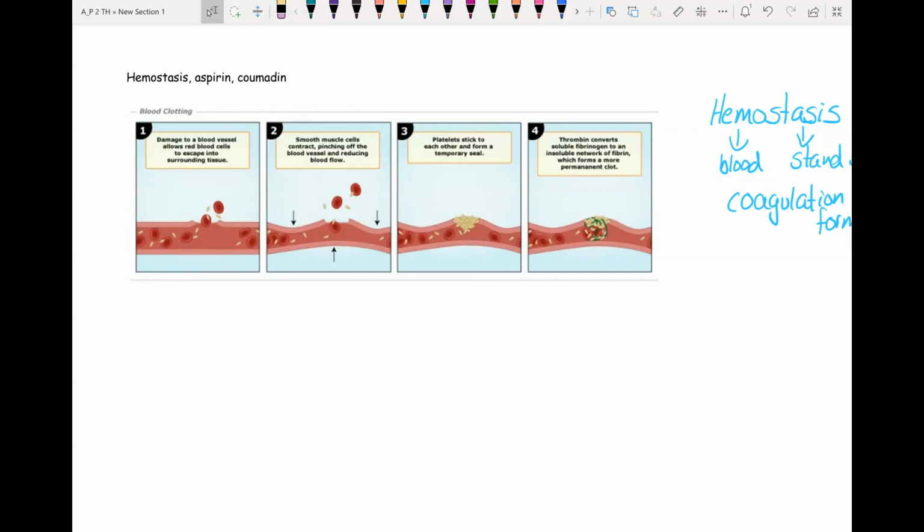So we're going to begin here with number one: you have damage to your blood vessel. You have a cut and you are bleeding. The walls of the blood vessels contain collagen fibers. So there are collagen fibers here in the walls of your blood vessel.